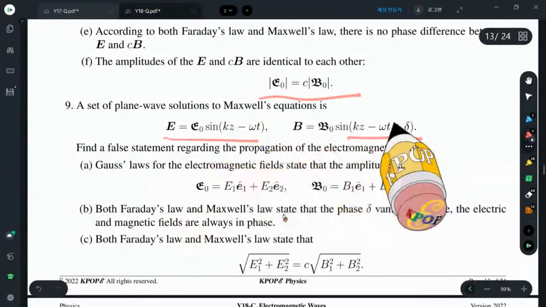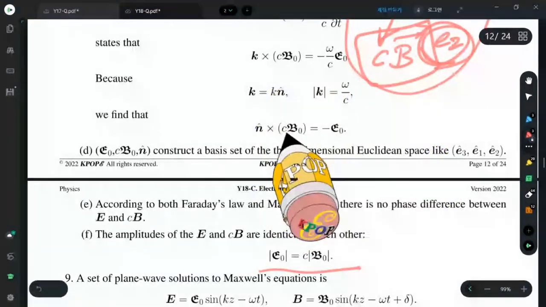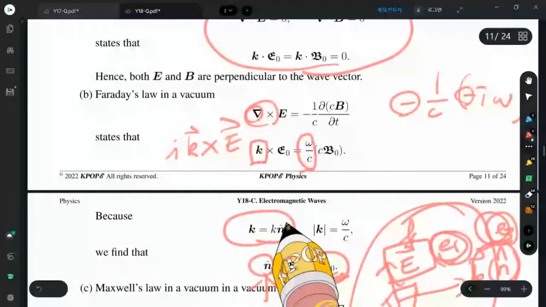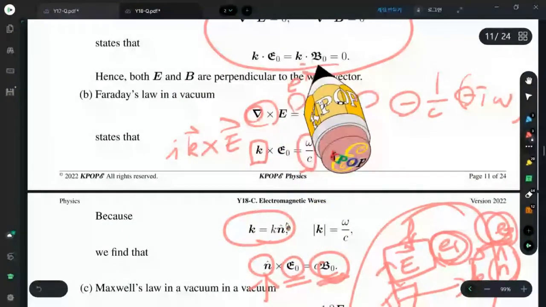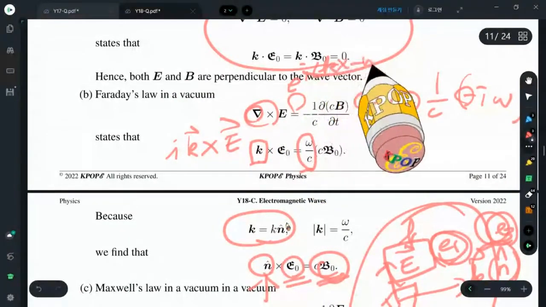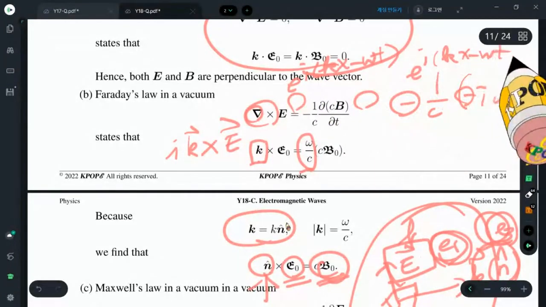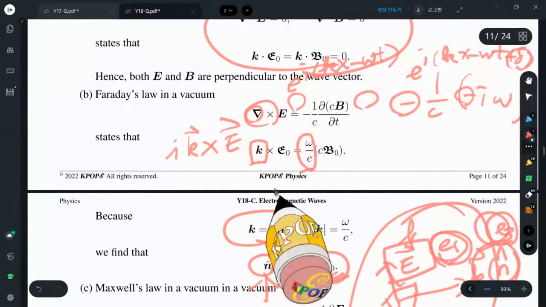Now, you don't see any phase difference in the cancellation of these two factors, e to the i (kx minus omega t) and e to the i (kx minus omega t plus delta). This delta must be 0.